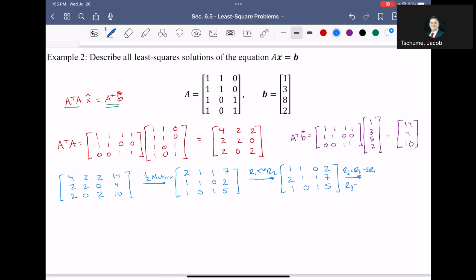And I'm going to take row 3 and subtract row 1. So the first row remains the same. Row 2 is going to become 0. 1 minus 2 is negative 1. 1 minus 0. And then 7 minus 4 is 3. Followed by row 3 minus row 1 is 0, negative 1, 1, 3.